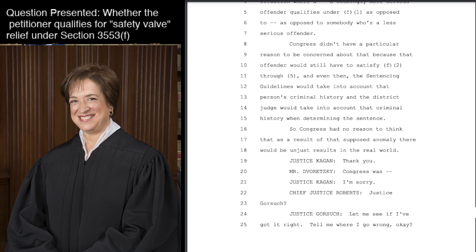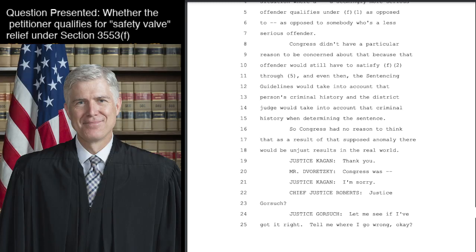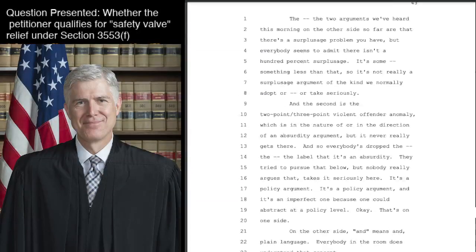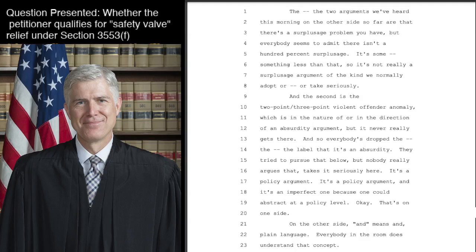Justice Gorsuch? Let me see if I've got it right. Tell me where I go wrong, okay? The two arguments we've heard this morning on the other side so far are that there's a surplusage problem. But everybody seems to admit there isn't 100% surplusage. It's something less than that. So it's not really a surplusage argument of the kind we normally adopt or take seriously.